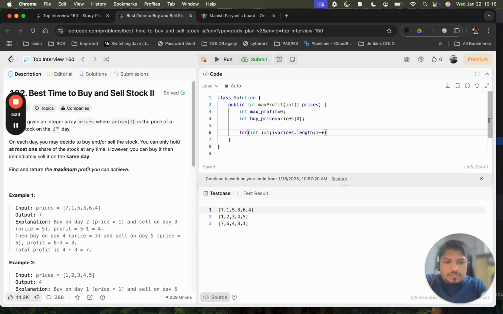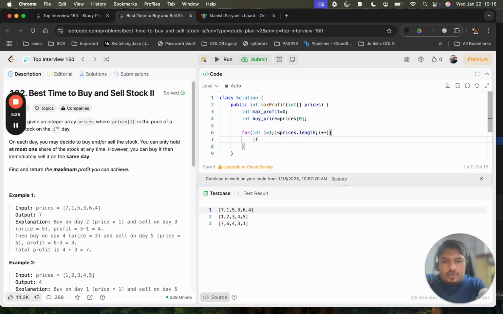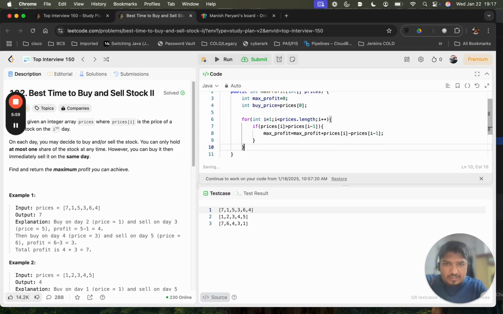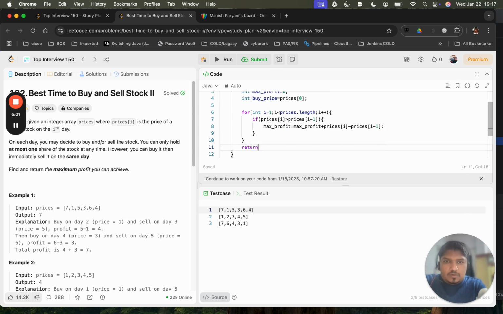So I'm saying just one condition: if today's price is greater than the previous day's price, it means I'll make a profit. How? Profit plus today's price minus the previous day's price. That's all. And if I return this, this is going to be my answer.